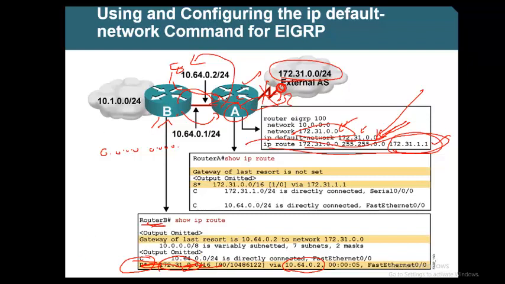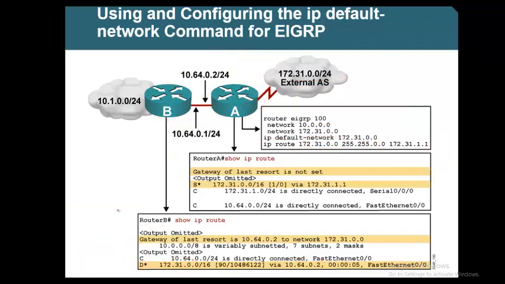If you don't have EIGRP to distribute this default route, you might have written a static default route, and when the connection to ISP goes down, you need to go to every router to remove the default route now. In a small network, it may be easy, one or two routers, but in a large network, very difficult.